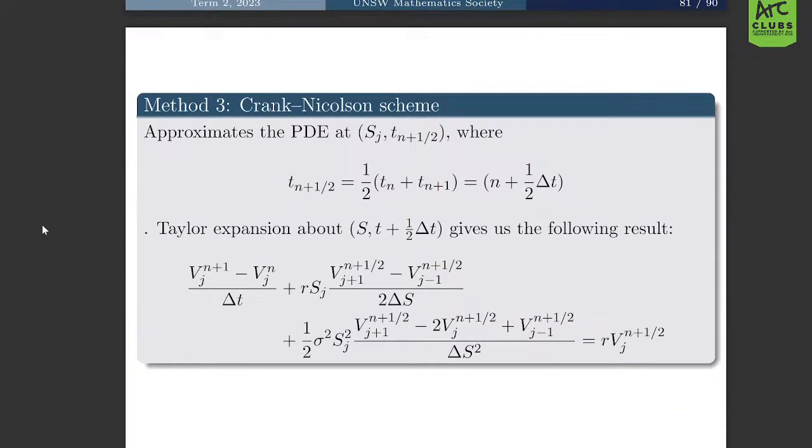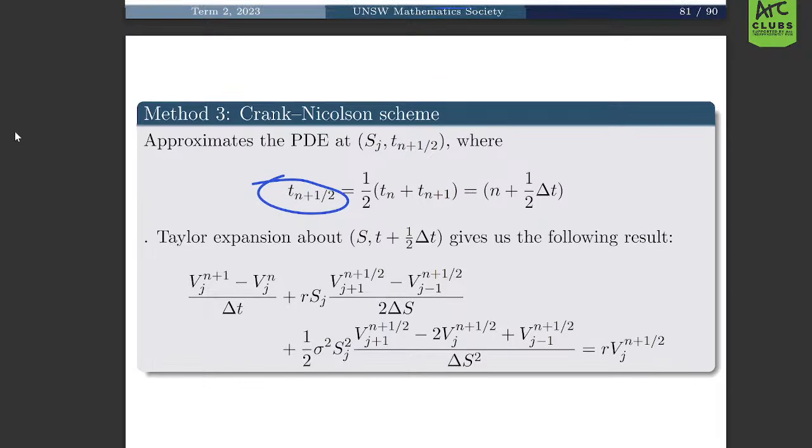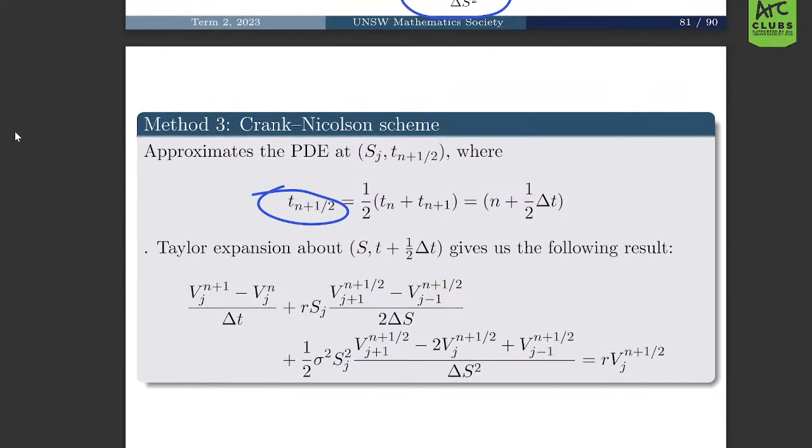And finally, we have method 3, which looks a lot more complicated than the previous two. Again, in my memory, I haven't really seen this being asked in recent years. So who knows, there might be a chance that they decide to ask you on this. But essentially, they will give you the formula for this. The only difference with the Crank-Nicolson scheme is the definition of T, the current step that we want to calculate inside the model.